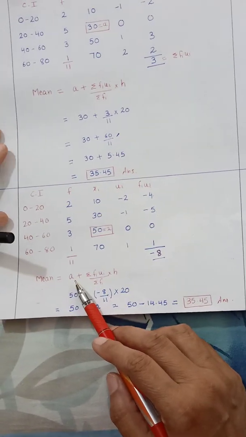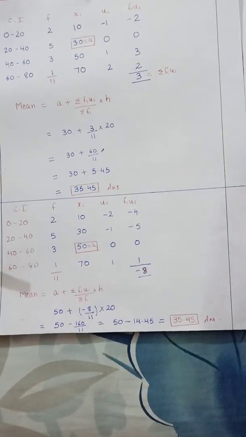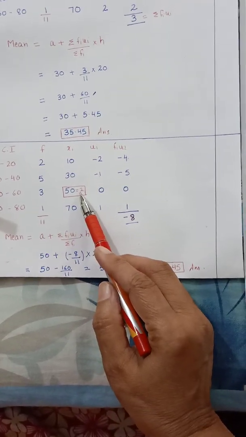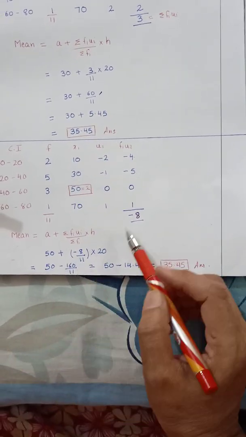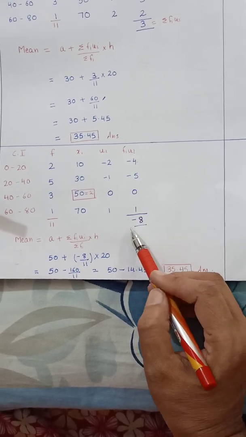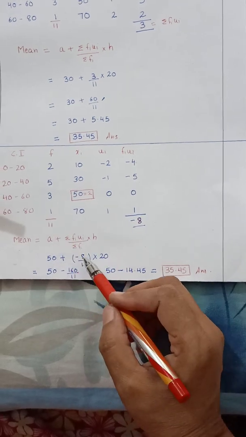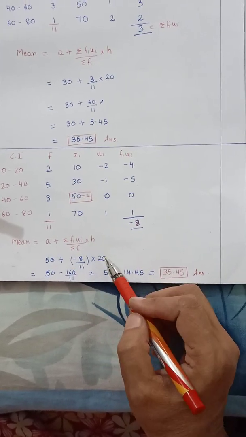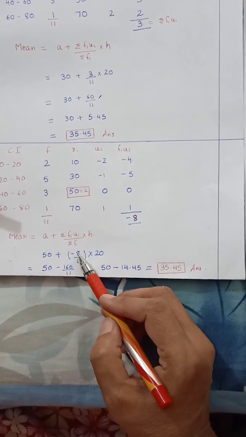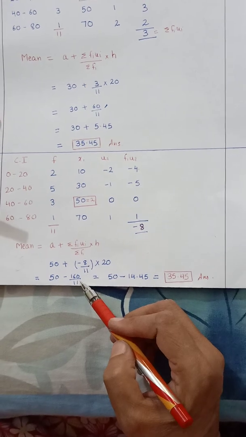The formula is the same: A plus summation Fi ui upon summation Fi, into H. A, we already know, is 50. Plus summation Fi ui, which this time is minus 8. The total of the frequencies is 11, and the class size is 20. So this becomes 50 plus minus 8 into 20, which is minus 160 upon 11.